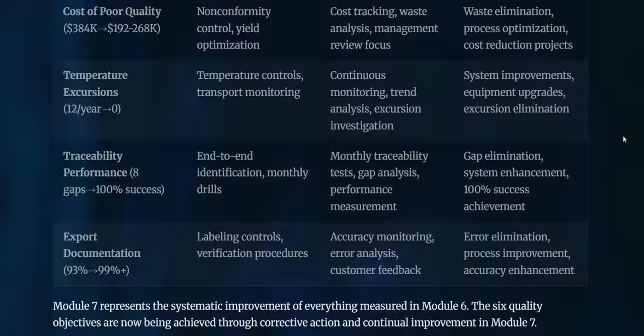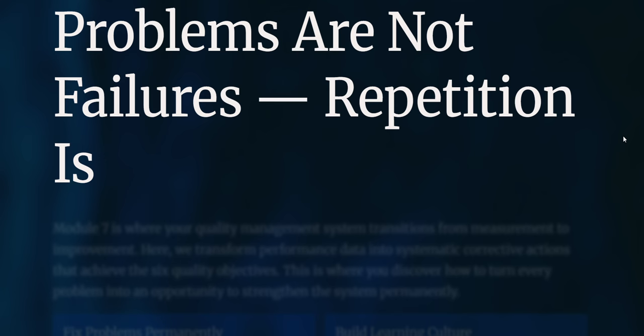Module 7, improvement, represents the systematic improvement of everything measured in Module 6. The 6 quality objectives are now being achieved through corrective actions and continual improvement in Module 7. Problems are not failure. Repeating problems is the failure.